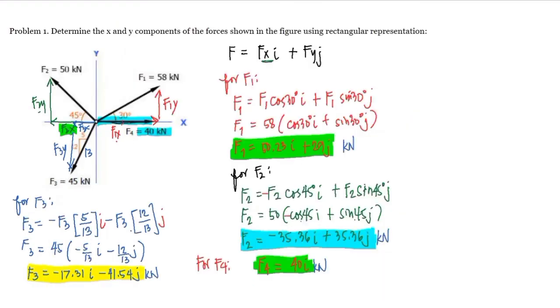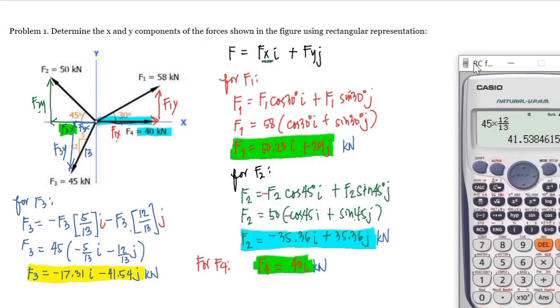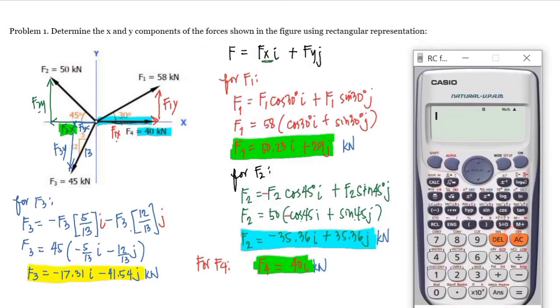We are going to make use of the calculator in order for us to solve for this rectangular representation of the vectors here. So what we are going to do is to make use of the mode and complex. So for the first one, as we can see here, that is 58 kilonewton with an angle of 30 degrees. So we have here 58 angle of 30.